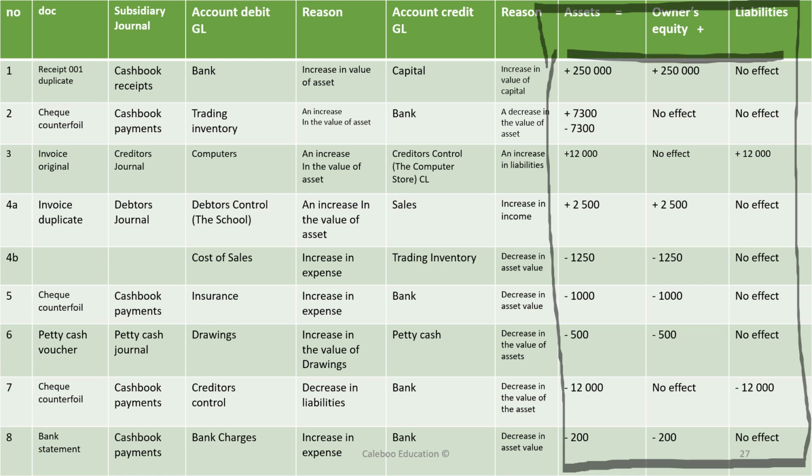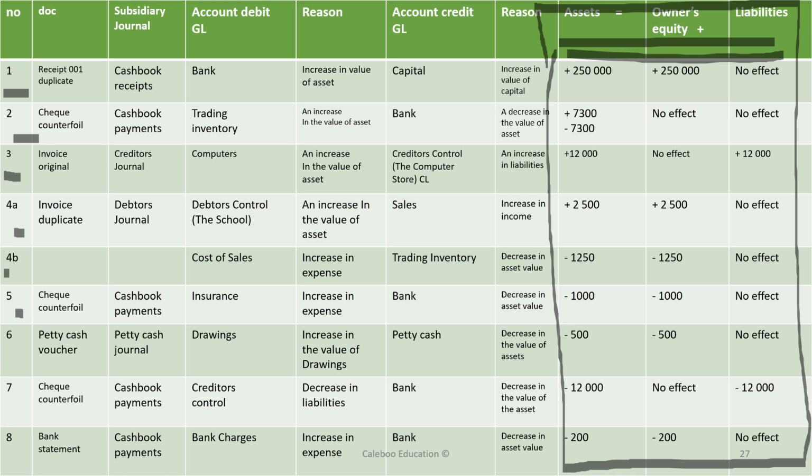So what I've done in the next slide is I've taken a screenshot of the transactions, only the numbers under the accounting equation, and we're going to just take a look at the net effect, the final effect of these 8 transactions.